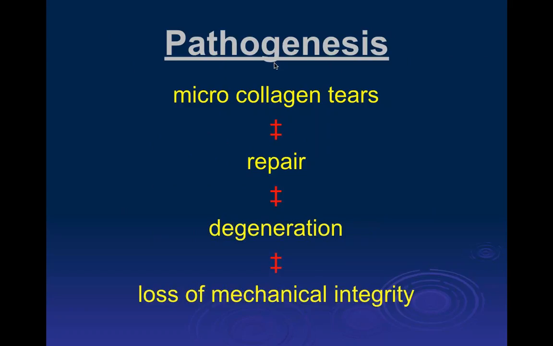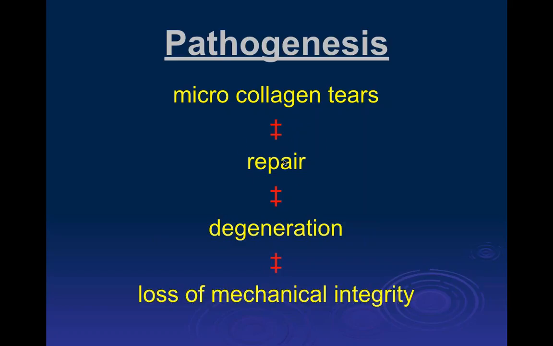So the pathogenesis is with use of any soft tissue structure. If you pull it or push it or anything, you can produce microscopic tears of the collagen fibers. There is a repair mechanism in the body where it goes in and repairs that, just like there is a bony repair mechanism that we'll talk about in much more detail when we get to bone diseases. But there are soft tissue repairs.